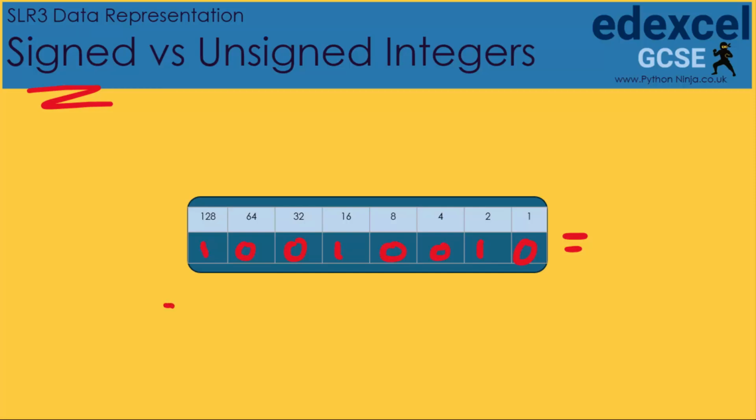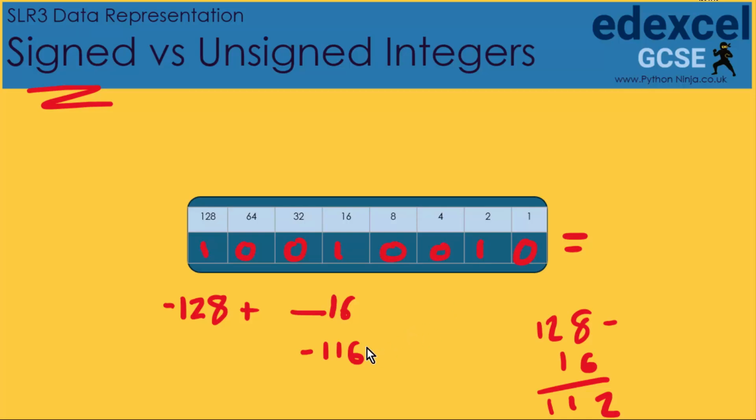So this is a signed integer now. So this is an MSB, so it's represented as minus 128 as our starting point, and we're going to add 16. So minus 128 add 16 is minus 116. Is that right? No, it wasn't right. So it's not 116, is it?